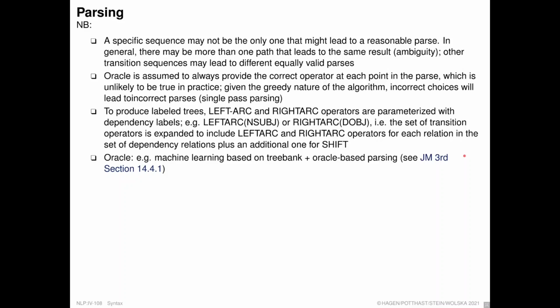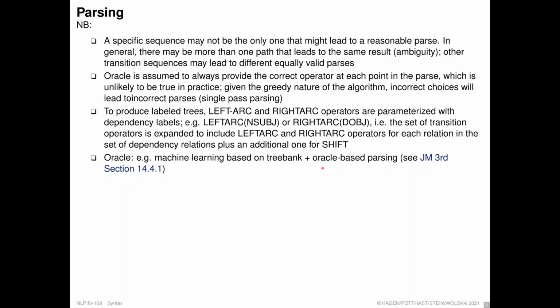You might apply a tree bank and parse that tree bank using an oracle-based approach. So learn the labels for each of the arcs based on the tree bank, and so train this oracle. And once you have trained this oracle, you can use the oracle to make decisions.